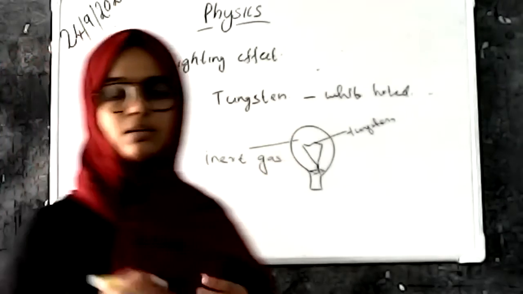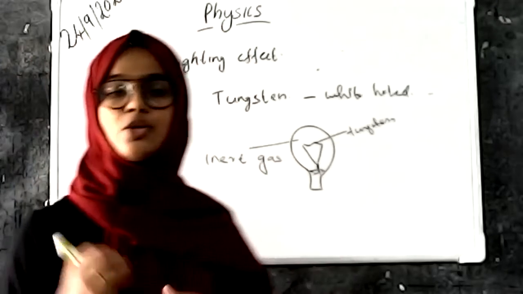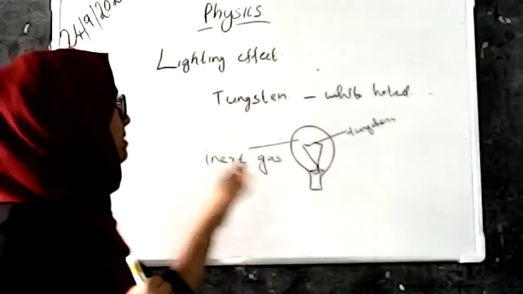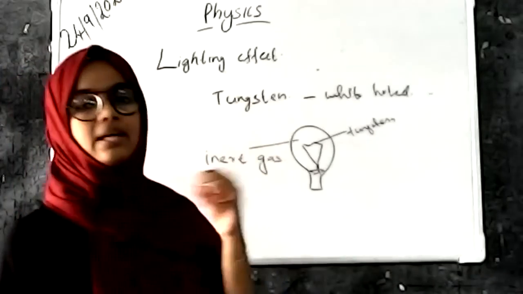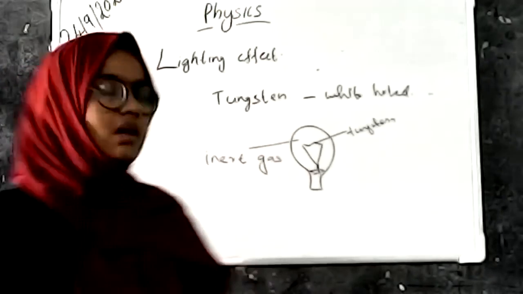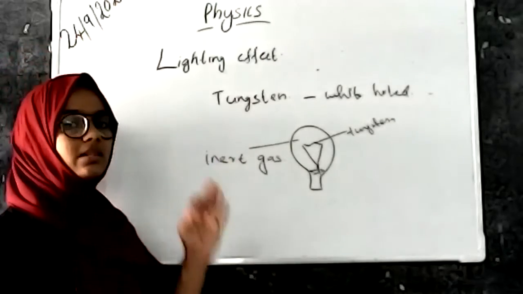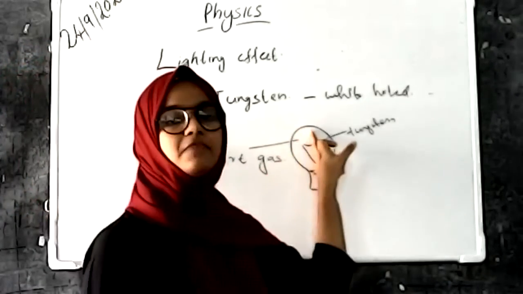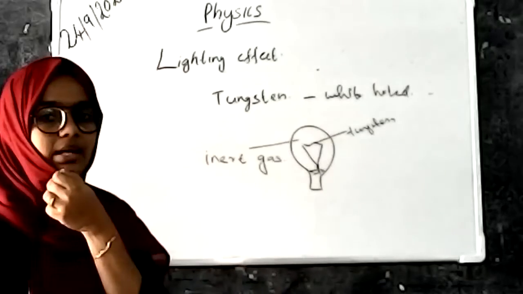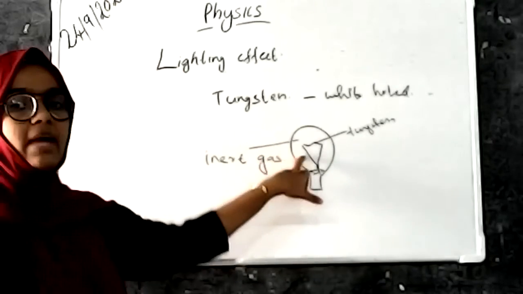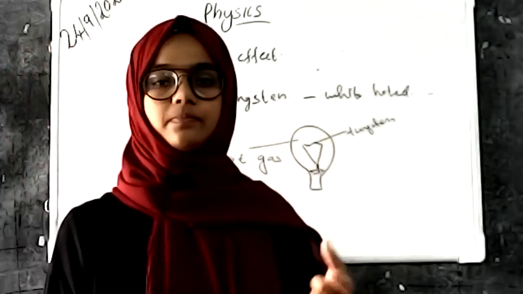What is an inert gas? An inert gas does not undergo chemical change under certain conditions. That type of gas is an inert gas, and it is always filled in the incandescent lamp, which makes the lamp give more light.